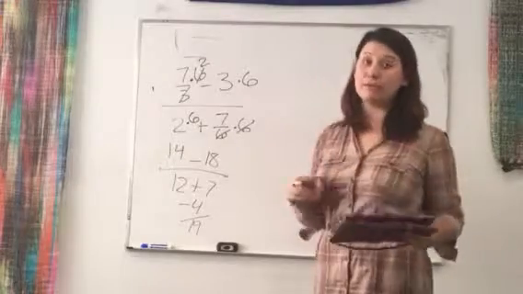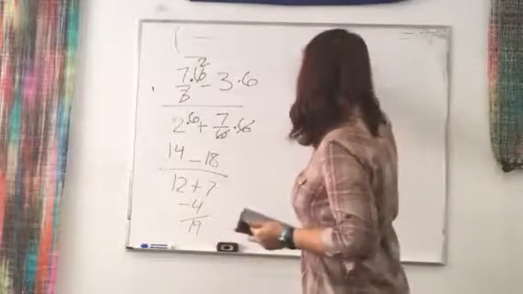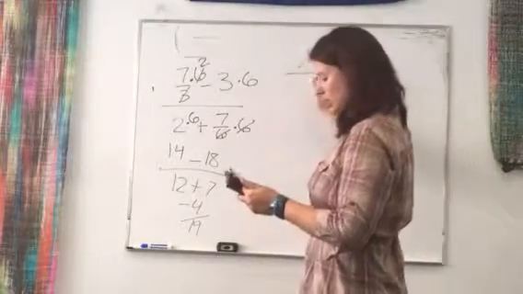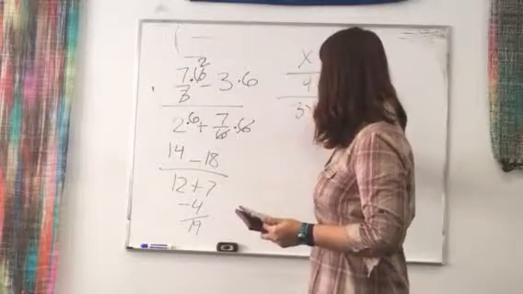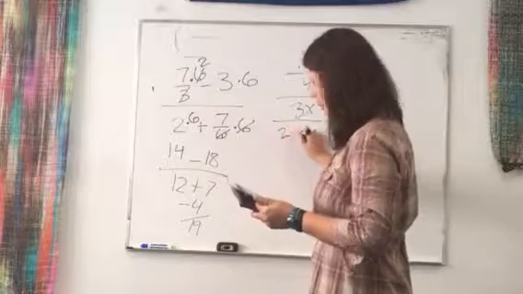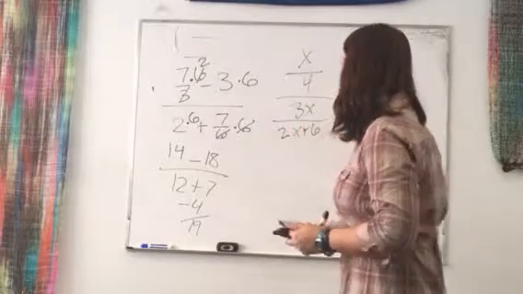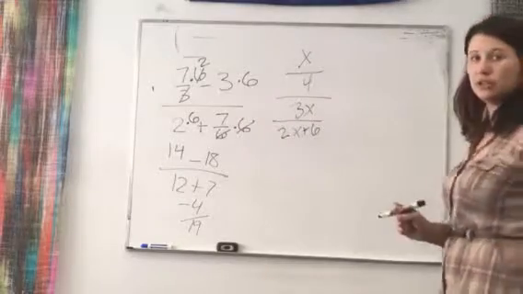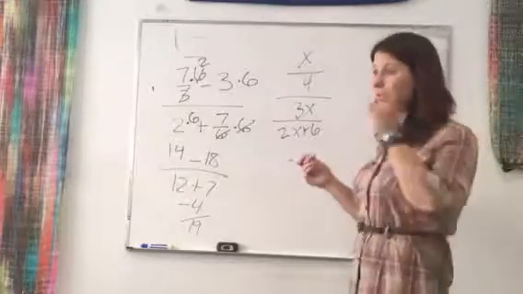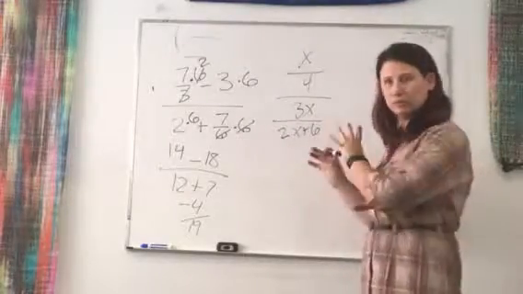What if we added variables into this? So let's start off with a slightly simpler one. Okay, so this one is just a fraction divided by a fraction. So it's going to be exactly like what we did before in that little problem.